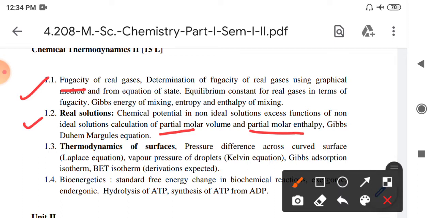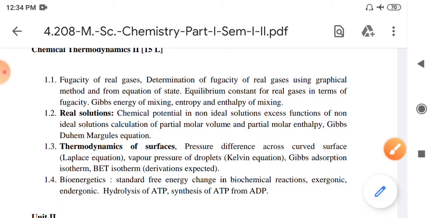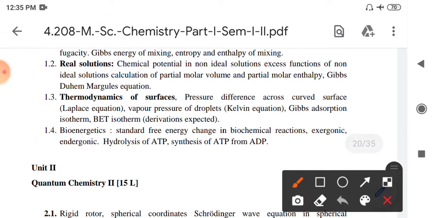Those terms we will try to see in detail. And certain equations are there for surface chemistry, so we'll try to derive those various equations. And last is bioenergetics, so how various biological processes involve changes in thermodynamic parameters, we'll see in those points.